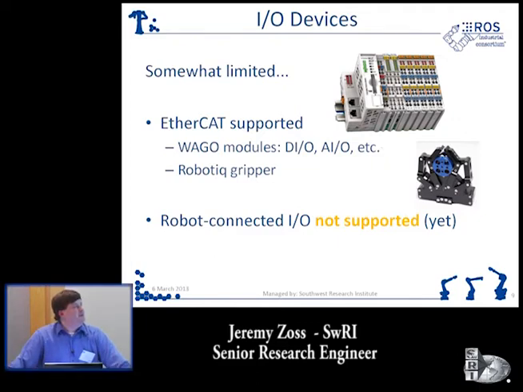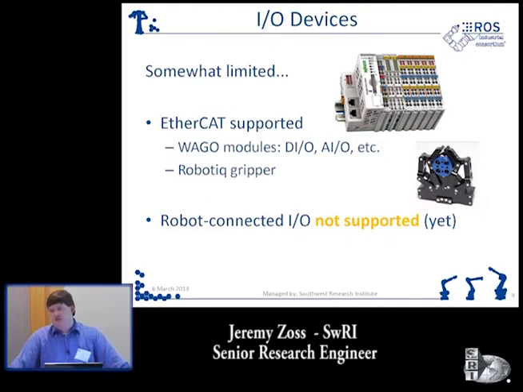From an I/O perspective, we're a little bit more limited. The current setup in ROS pretty much only works with an EtherCAT I/O rack. You can get these from Wago or Beckhoff or whatever, with whatever flavor of snap-on modules you want. But in order to control that I/O from a ROS program, you mostly have to set up a standalone I/O rack and directly connect that to the ROS controlling PC.